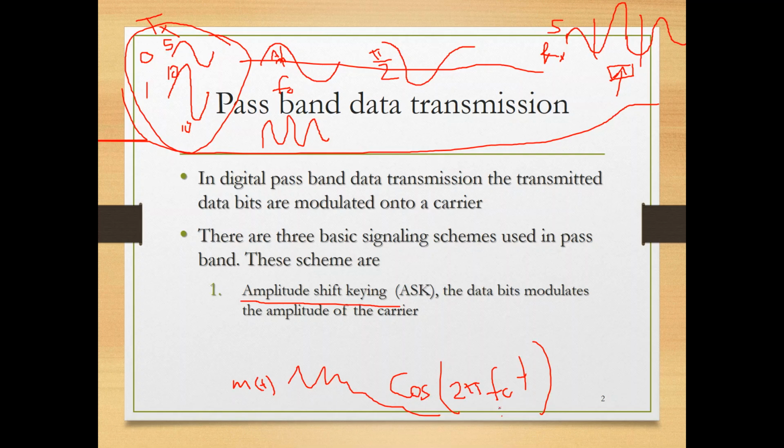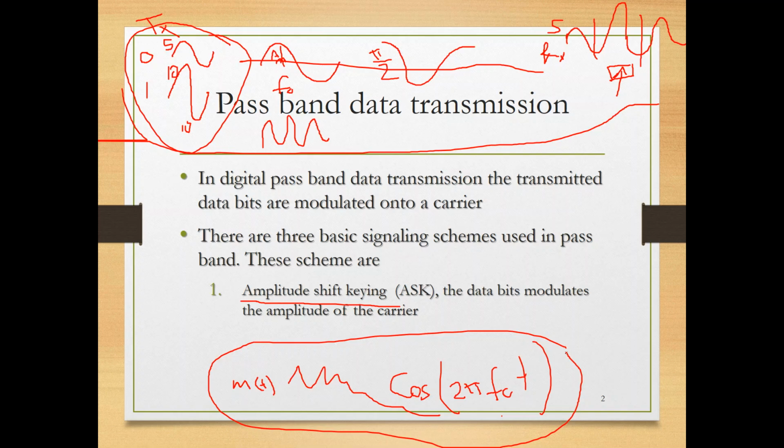For a GSM network, it's 900 megahertz. And t is time, as a function of time. You multiply m(t) directly by cosine, and you get what do we call this modulation? Double sideband amplitude modulation. This is in analog. Now we don't have such a thing here.